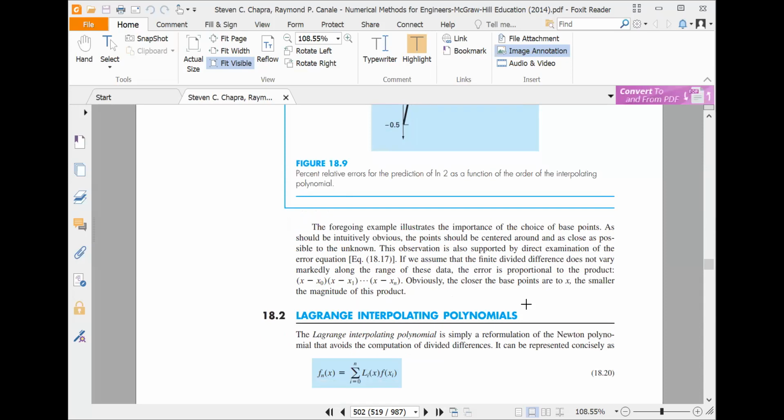So if you want to summarize Lagrange and Newton's interpolation, it is something like this. If we have n plus 1 data points, then we can choose a polynomial of order less than or equal to n so that we can fit between the data points.